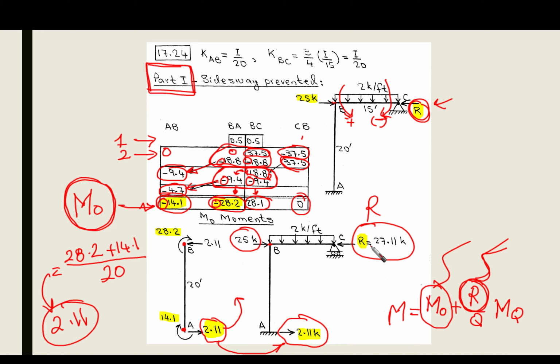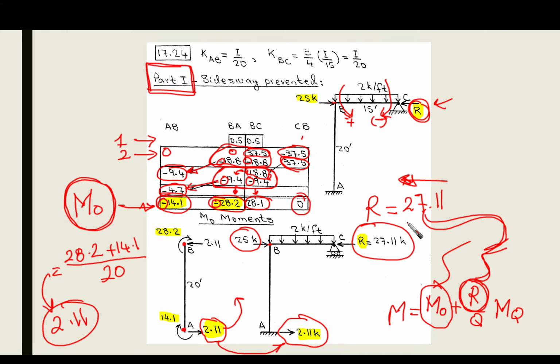This means that R must equal 27.11, and it should counterbalance them to obtain equilibrium. So now R is 27.11, and this is the value that we were searching for.